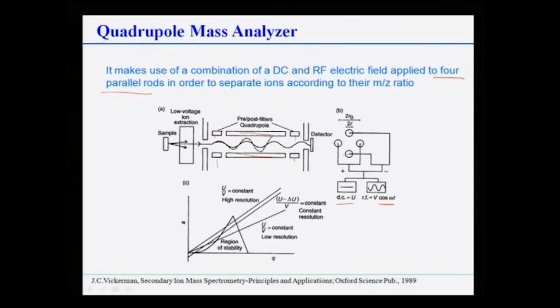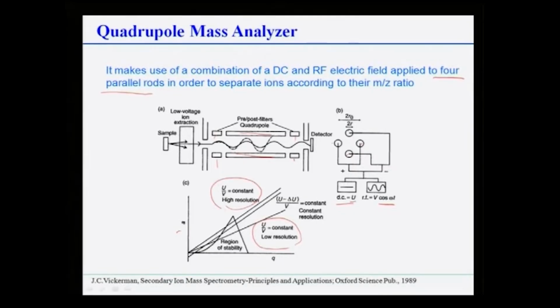Now if I plot the movement of the ions, you can see here this has the 2 parameters A and Q. Q is the charge and A is basically the distance between the quadrupoles. So if you can see the plots, there are different regions. This is U by V constant, low resolution, U by V constant, high resolution.